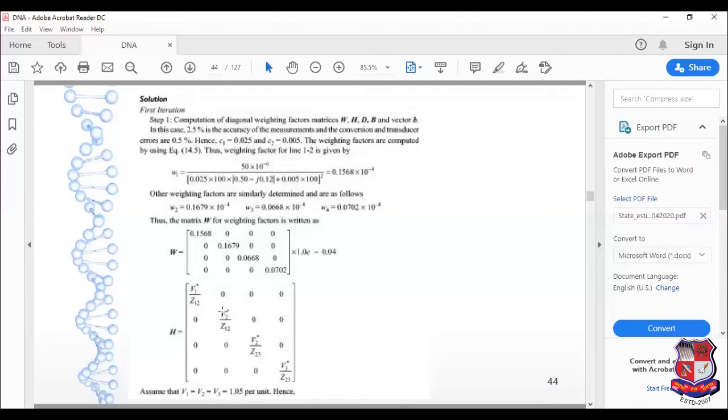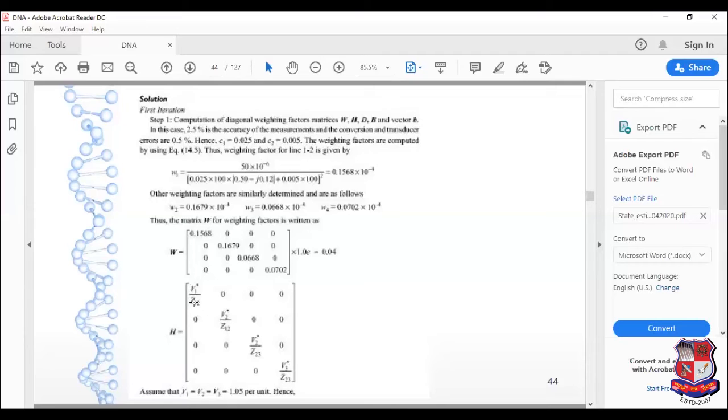So over here, this is the power from 1 to 2, and this is between bus number 2 and bus number 3. In order to determine the H matrix, we have to take the ratio of two terms, voltage divided by line impedance. Keep this in mind, it is line impedance. And that's why it is explained.